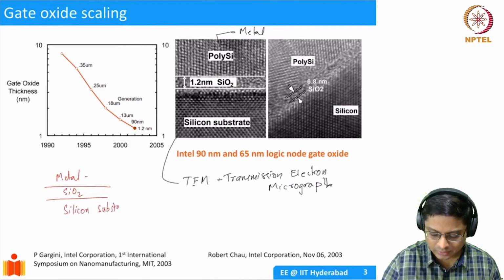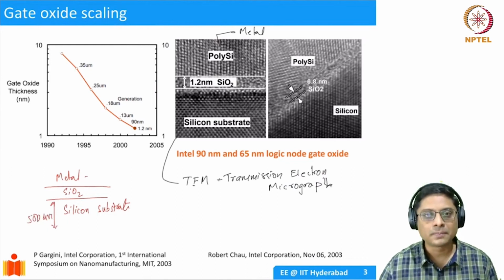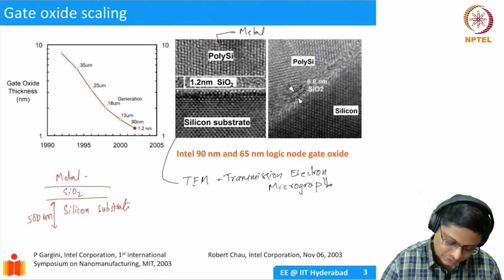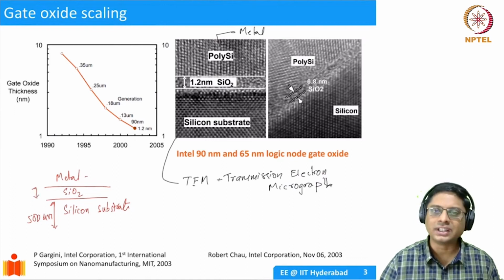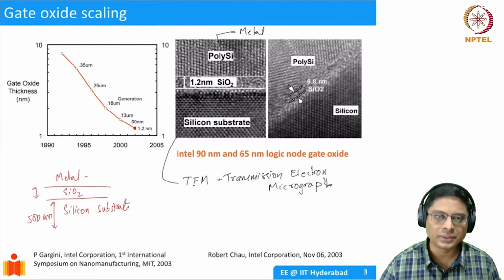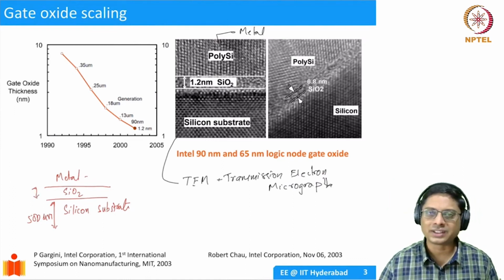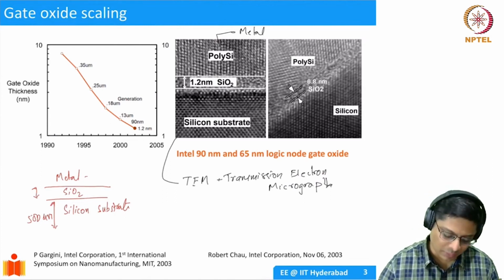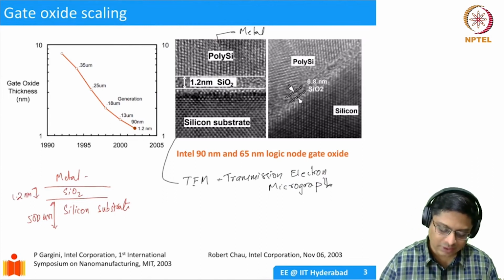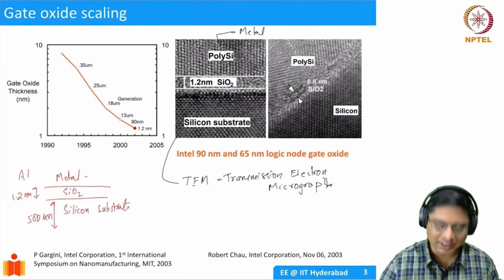This would be something like 500 microns thick, half a millimeter thick. Whereas this oxide, in the initial days, in the early 90s, was 10 nanometers or 8 nanometers. But by the time we came to 2003, it was already 1.2 nanometers. And this was aluminum in the beginning in the 80s.